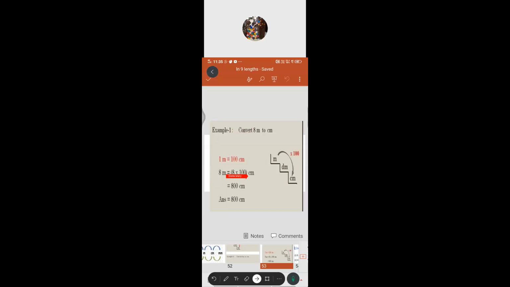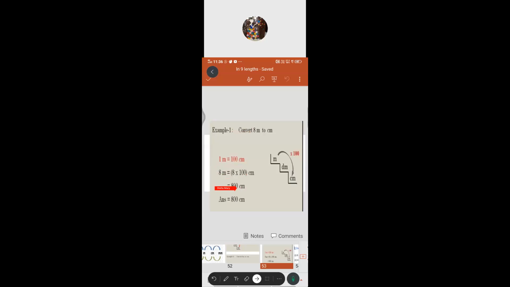From bigger unit to smaller unit, if it is meter to centimeter, we multiply by 100. 8 multiplied by 100 is 800. With the multiplicand, we add 2 zeros. So 800 centimeters. The unit has changed from meter to centimeter.